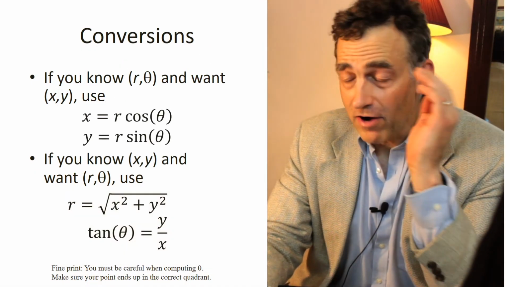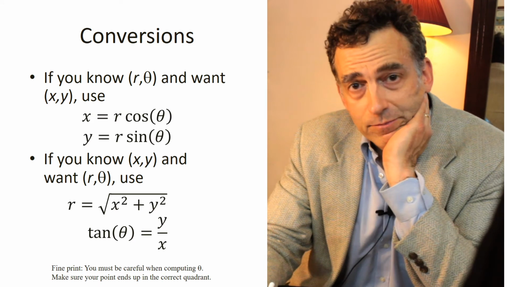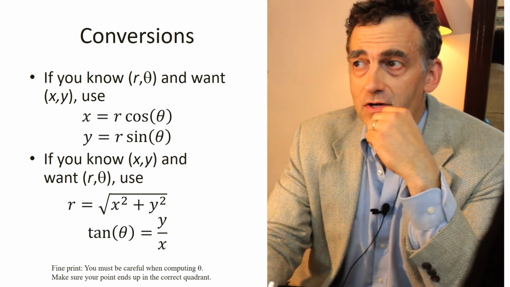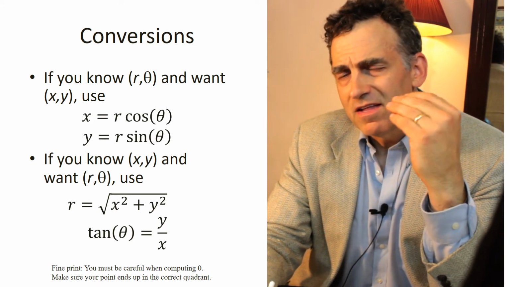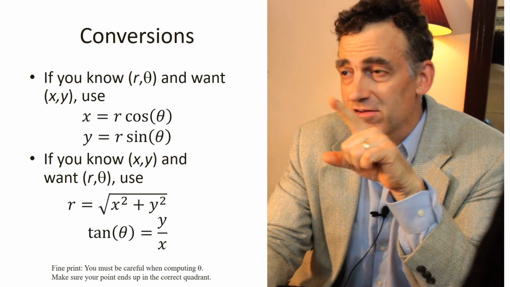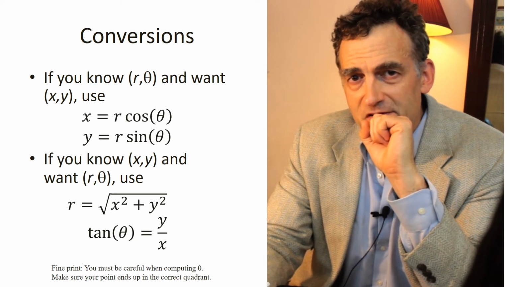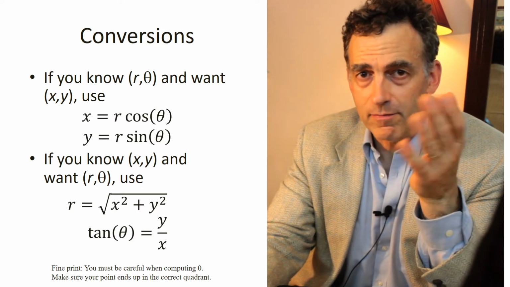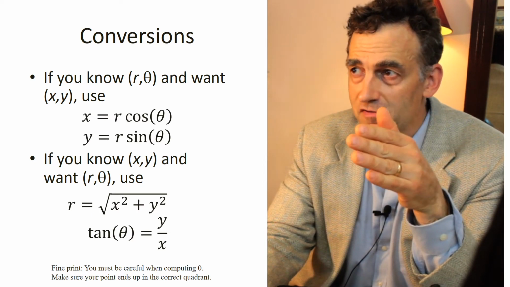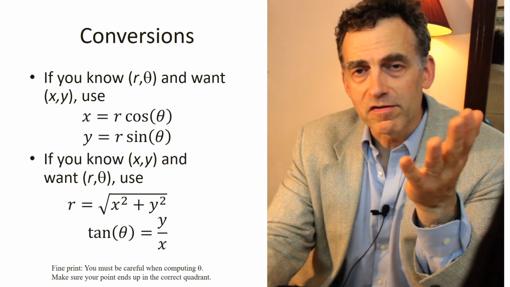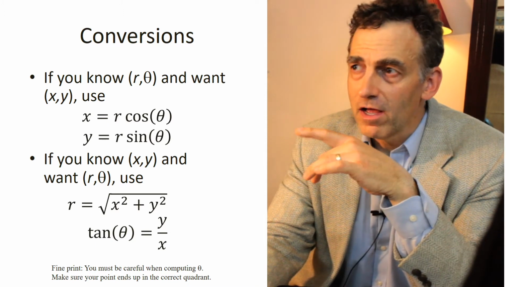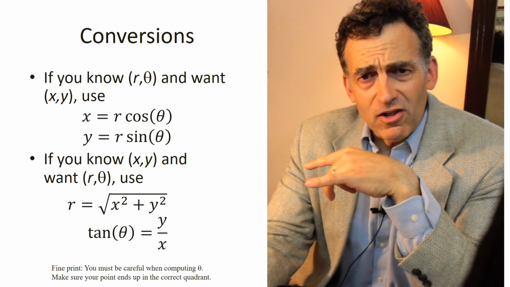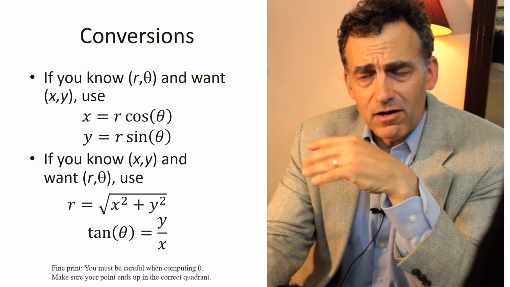Now, going the other direction, if you know x and y, and you want to compute r and theta, it's a little bit more complicated because of the fine print. Specifically, the r is pretty easy. You use the Pythagorean theorem, r squared is equal to x squared plus y squared, and so r is the square root of x squared plus y squared. But the angle is a little harder to get.